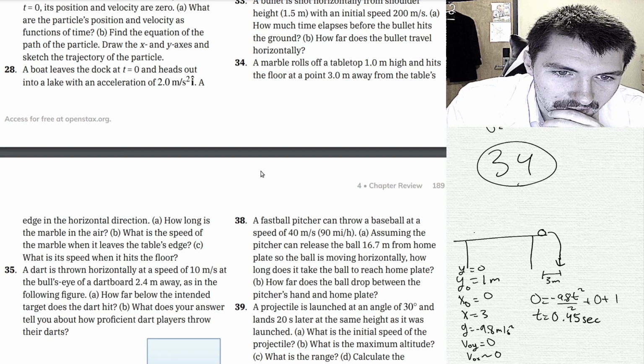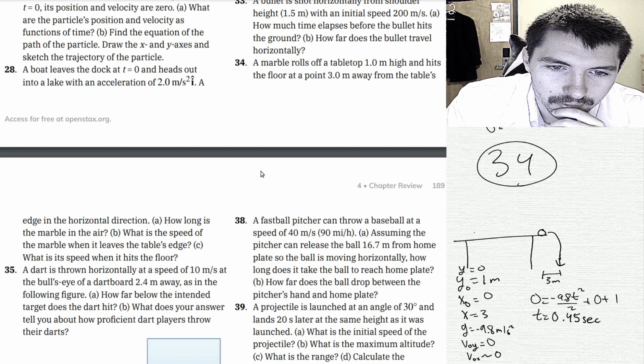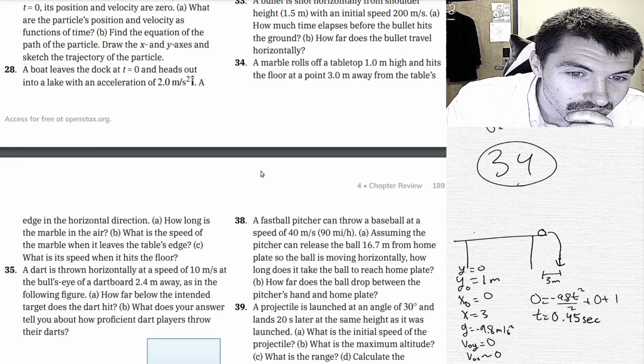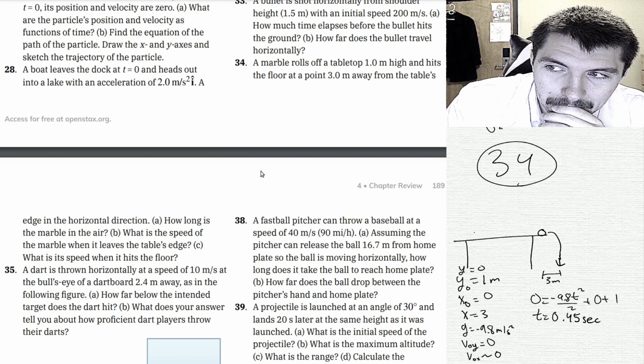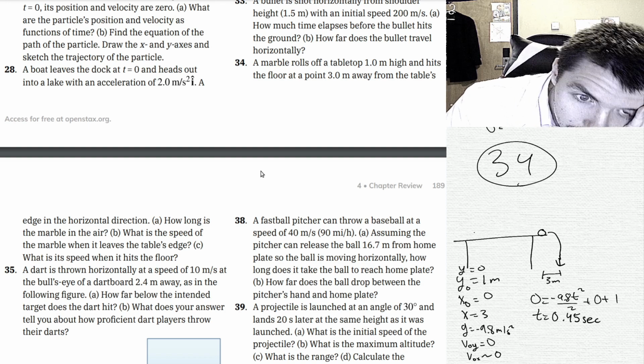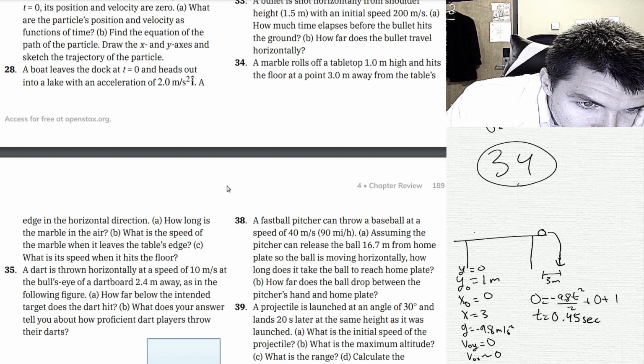What's the speed of the marble as it leaves the table's edge?